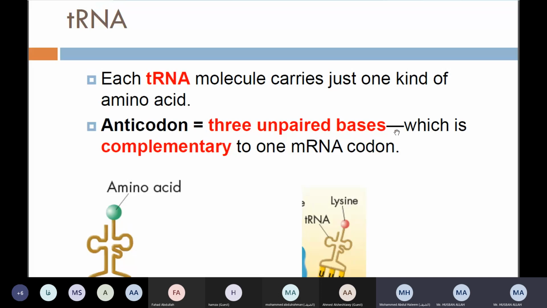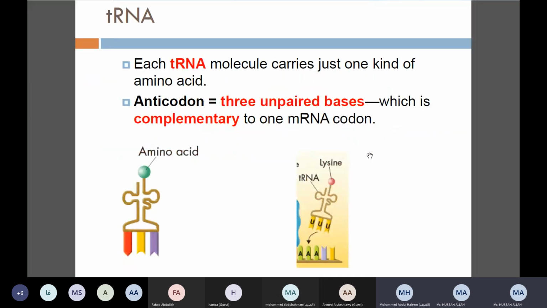It has an anticodon, three unpaired bases, which is complementary to one messenger RNA codon. Now what is the function of transfer RNA, or tRNA? It can carry only one amino acid and fix it on the polypeptide chain of amino acids.